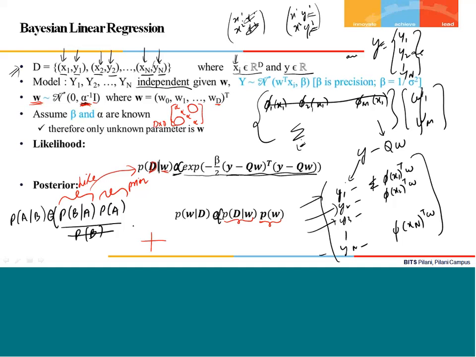So what does this mean? If I plot a Gaussian for this W, then what will I have? I will have a very circular mountain, and the peak of the mountain is at the origin, that is zero.